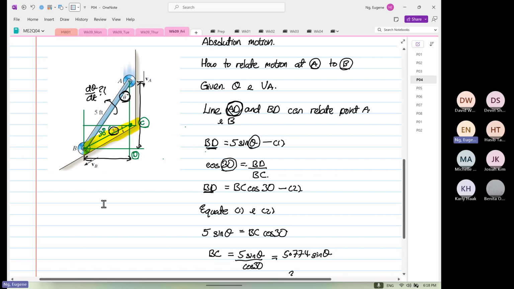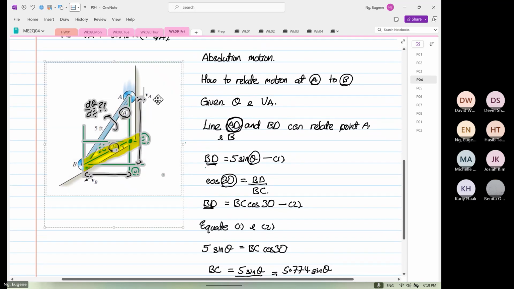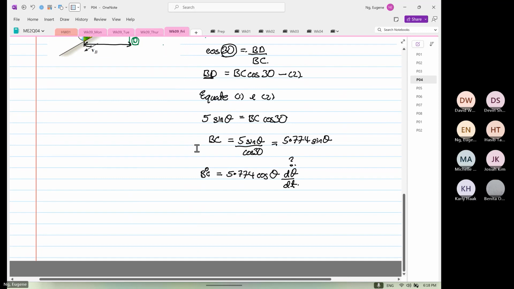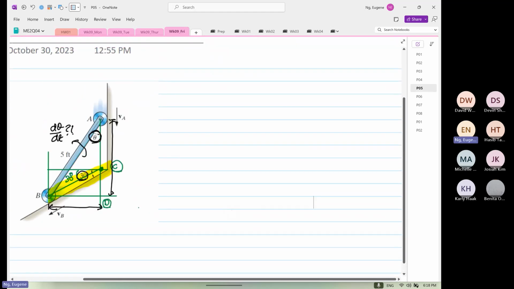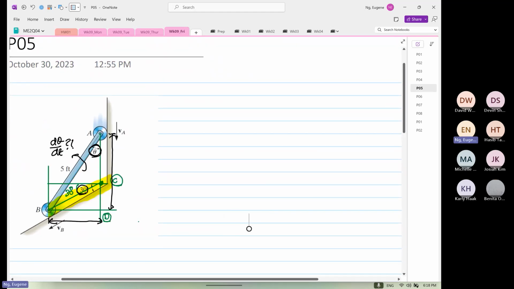So I'm going to copy the whole thing again. I'm going to go next page. Okay. So now we are going to relate line. We're going to focus on line AD.